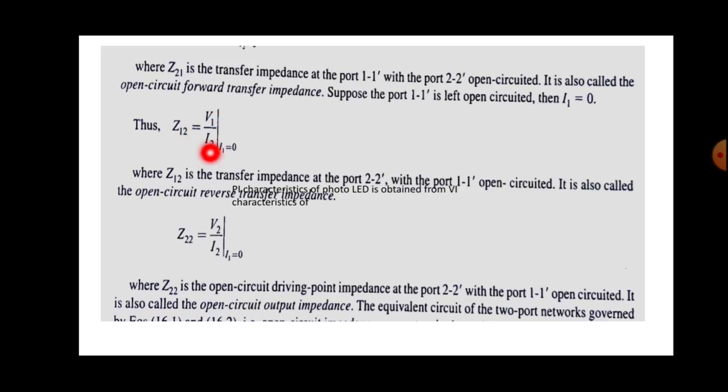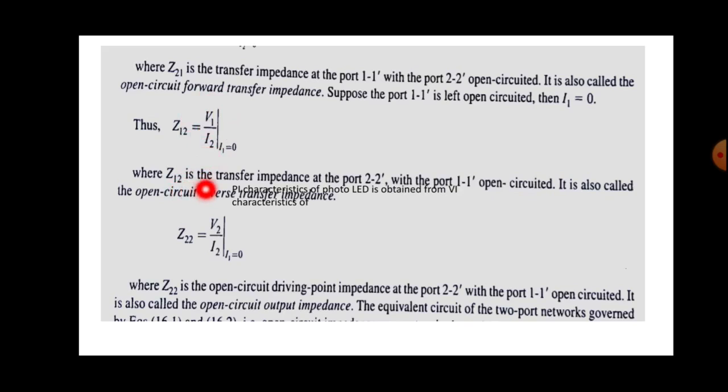It is an impedance itself, but it relates the voltage and current of different ports. So we can say that Z12 is the transfer impedance at port 2-2' with port 1-1' open circuited. We use the term transfer since it relates different ports, but the ratio is V by I, so it gives the impedance.